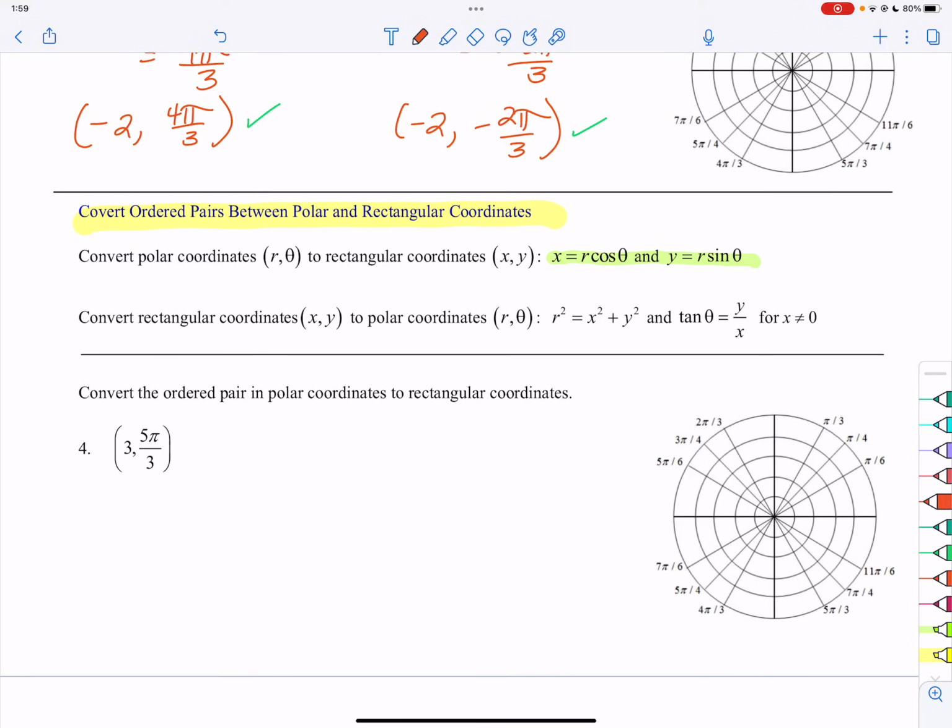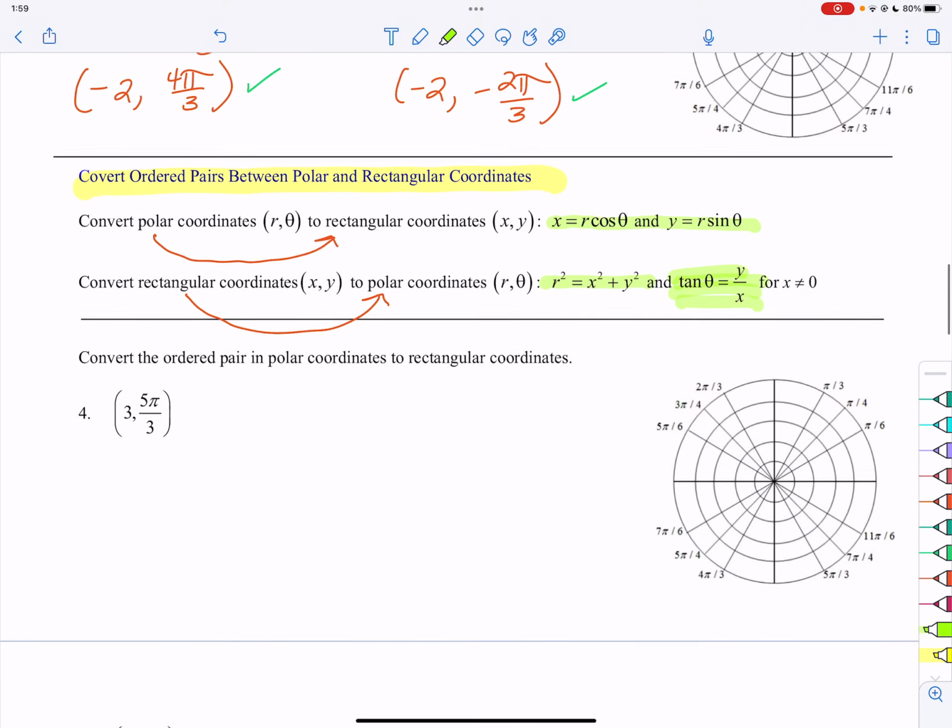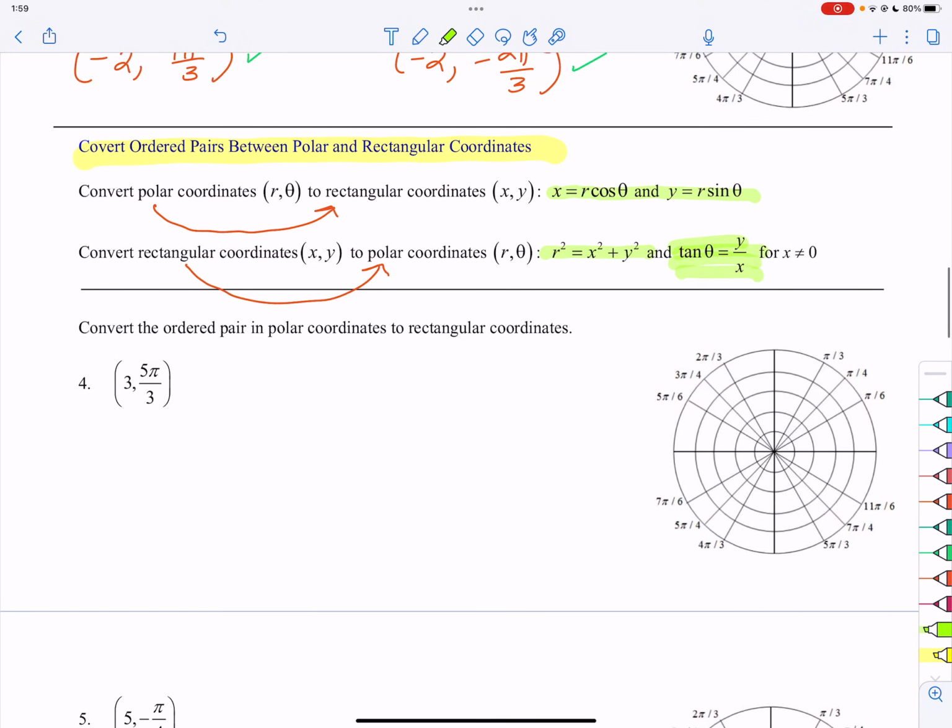If we are going to convert polar to rectangular, we'll use that. Rectangular to polar, we will use r squared equals x squared plus y squared, and also the tan of theta is y over x. So let's first, in number 4, convert the ordered pair in polar coordinates to rectangular coordinates.